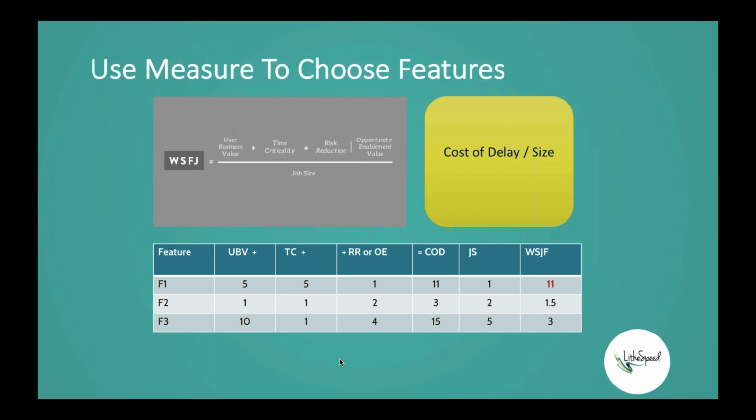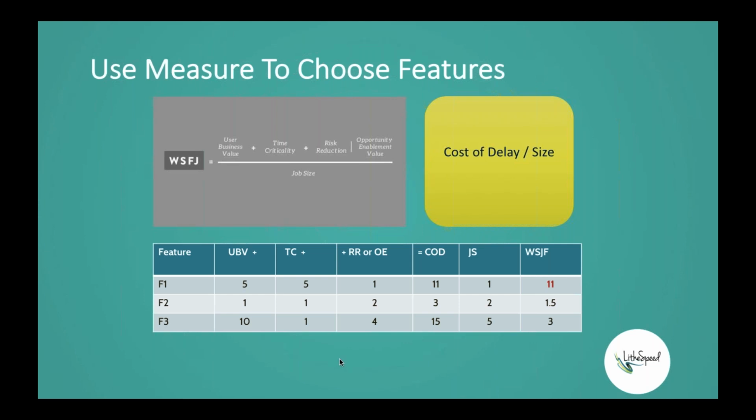Those are at our discretion. In the third column, we rank them on risk reduction or opportunity enablement. Maybe some of these features, if developed or deployed, would reduce risks to the organization, or create opportunities for us, or open up some doors for us. And we can rank them that way.